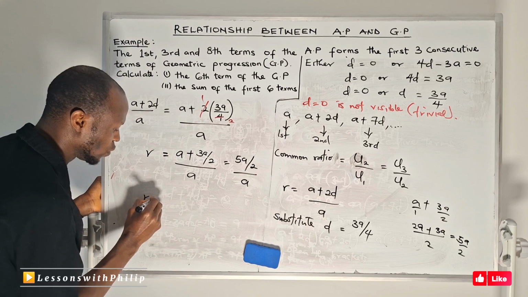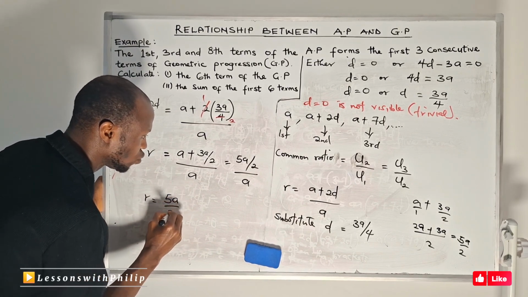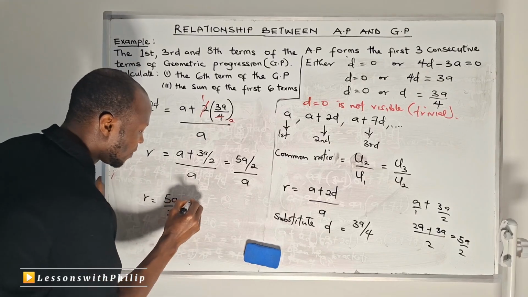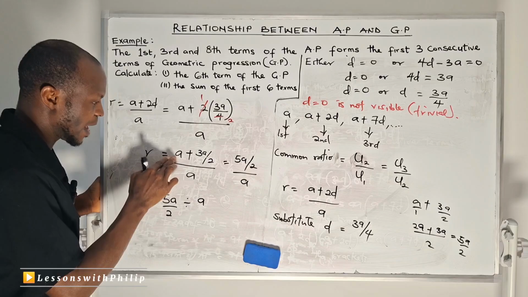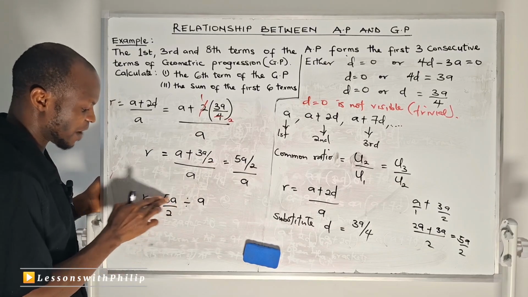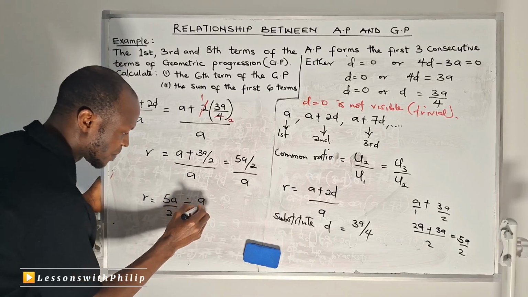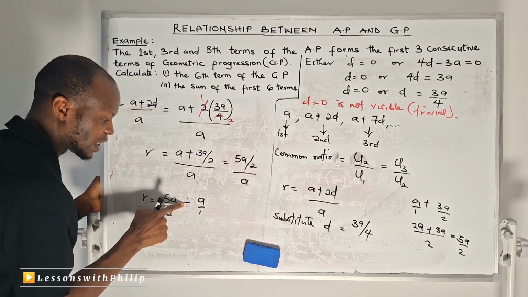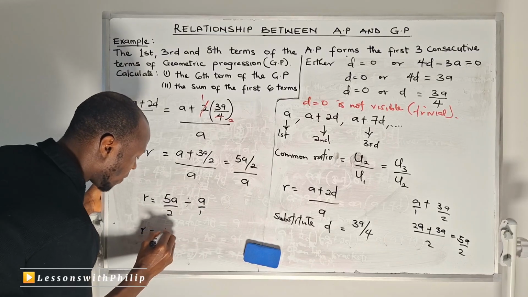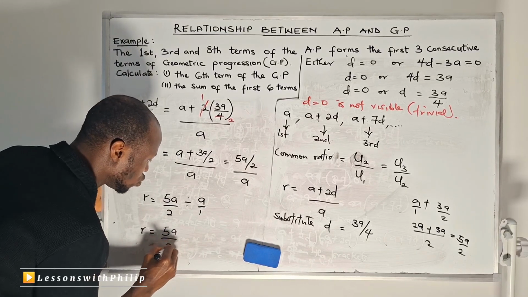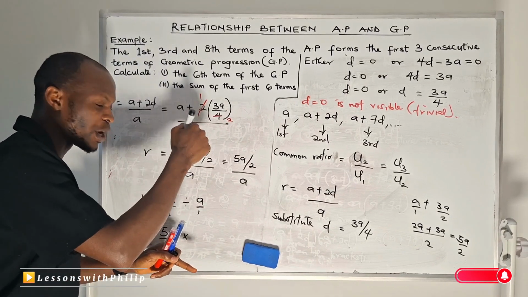So my common ratio is the same thing as 5A divided by 2, divided by A, which is the same thing as A divided by 1. If I change this division to multiplication, it becomes r equals 5A divided by 2 multiplied by 1 over A, because the denominator will come up and the numerator will go down.